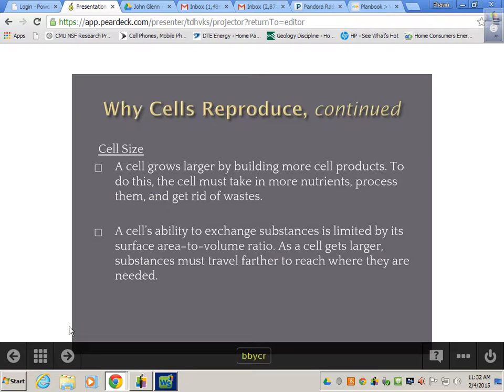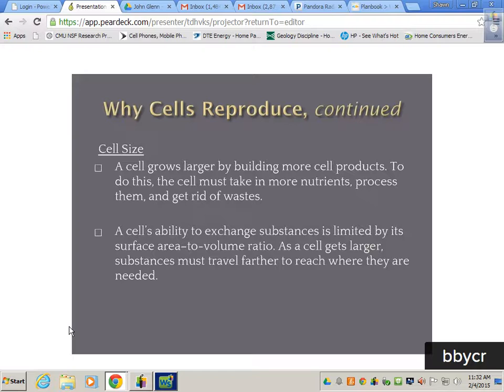So a cell grows larger by building more cell products, right? Some cell products might be proteins, might be organelles, might be Golgi apparatus, might be chloroplasts, might be mitochondria, might be endoplasmic reticulum. But the cell must take in more nutrients, process them, and get rid of waste.